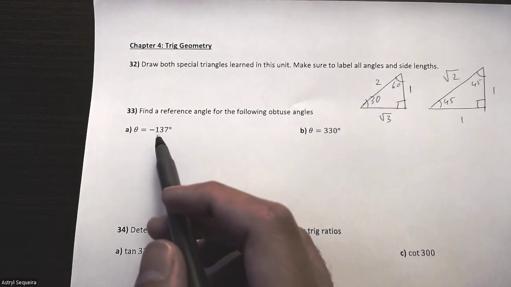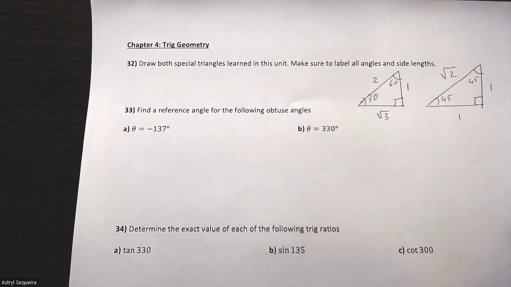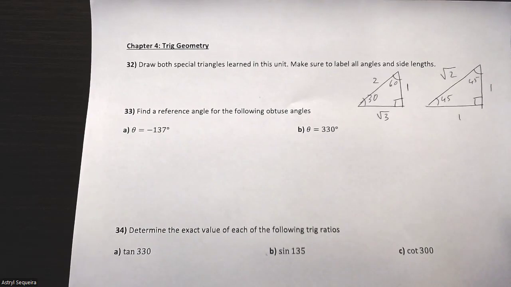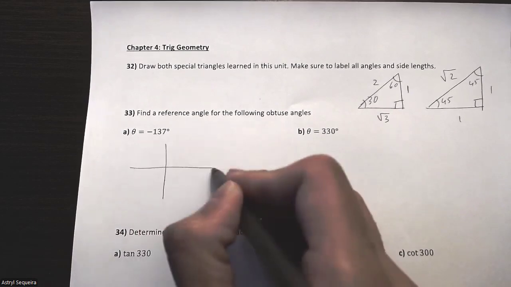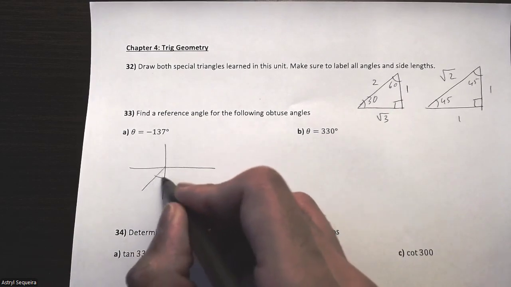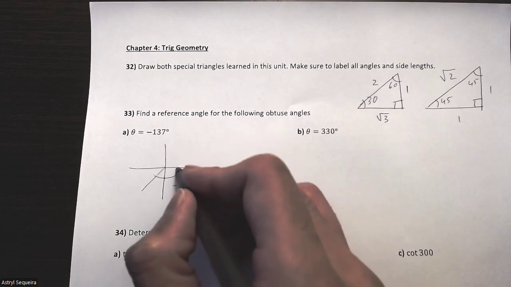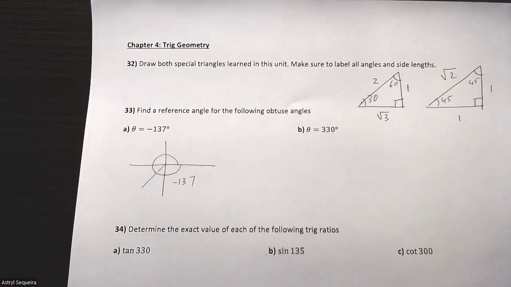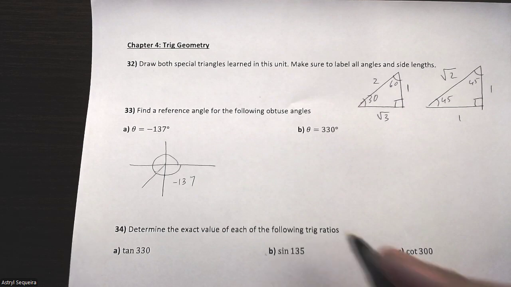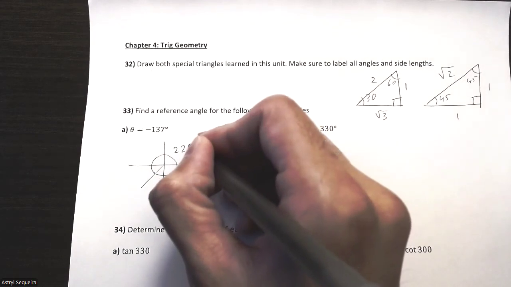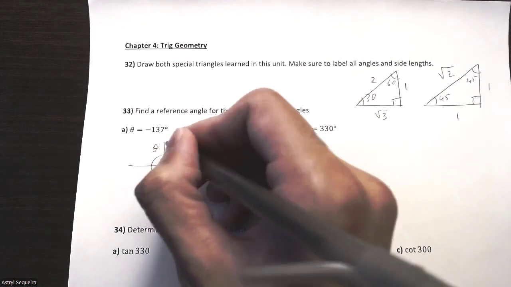We can either add or subtract 360 there. So -137 is over here. So I know that the principal angle, I can do 360 minus 137, which is the principal angle, 223 degrees. I don't know if that's what they mean by a reference angle.